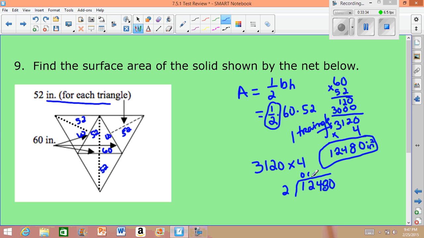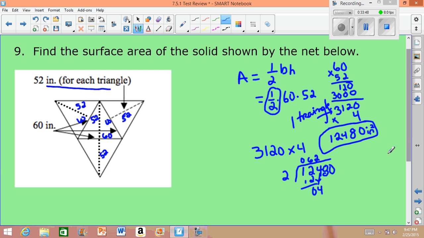It doesn't go into 1, but it goes into 12 6 times, and that gives me 12 exactly. Bring down my 4. 2 goes into 4 twice, exactly 4, nothing left. Bring down my 8. And 2 goes into 8 4 times, and we put our 0.